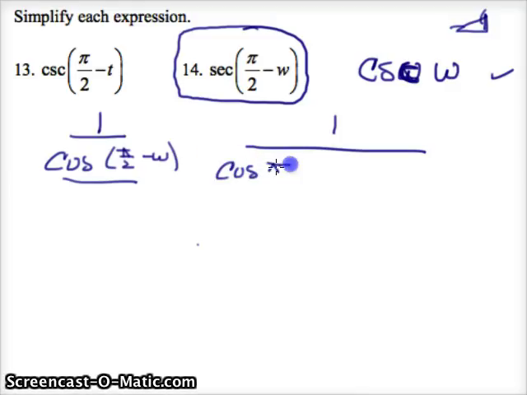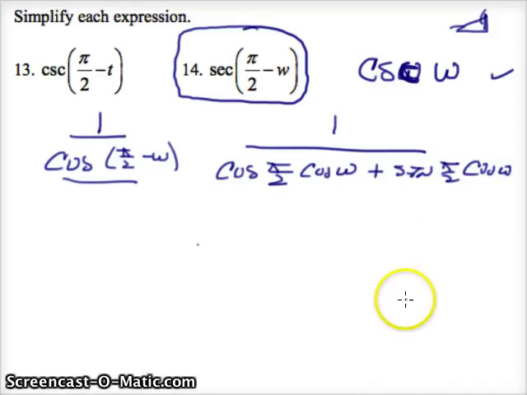The cosine of pi over 2 times the cosine of w, remember opposite signs, sine of pi over 2 and sine of w. Well, let's see what happens right here. Actually, this is sine right here, right? Sine.